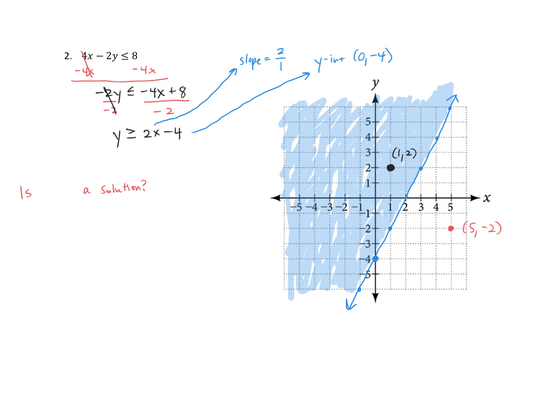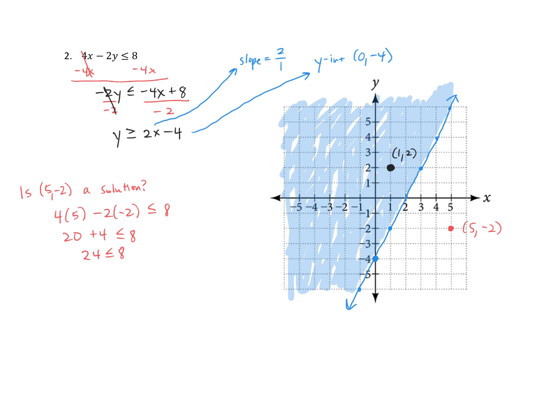All right, so let's say I want to know, is (5, -2) a solution? I'm going to plug that in. So 4 times 5 minus 2 times negative 2 is less than or equal to 8. So 4 times 5 is 20. Negative 2 times negative 2 is positive 4. So I'm going to have 20 plus 4, which is 24.